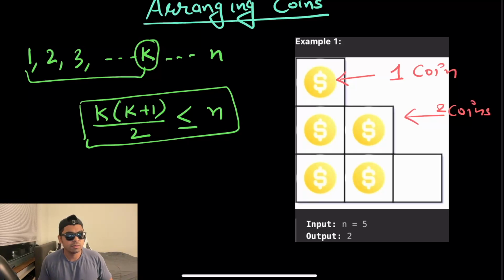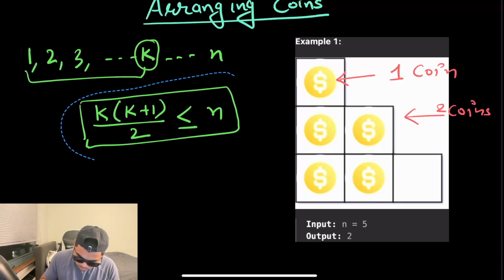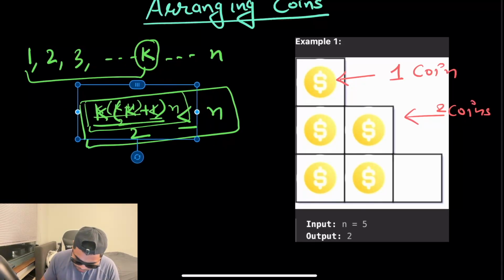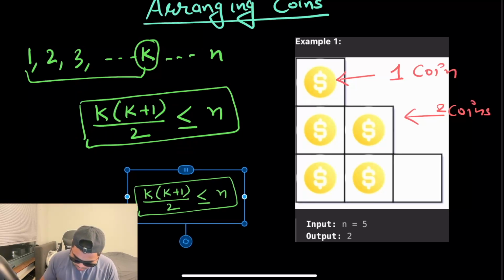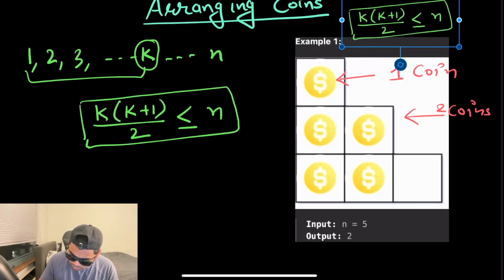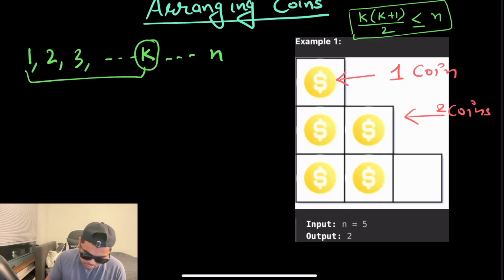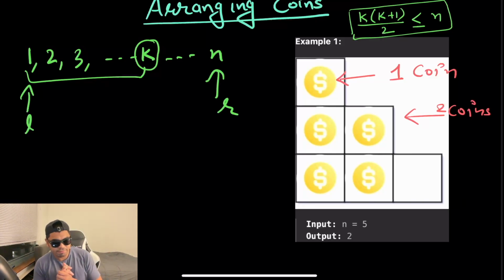The binary search algorithm will start with left and right pointers, and we are trying to find this perfect k which will still hold this condition.